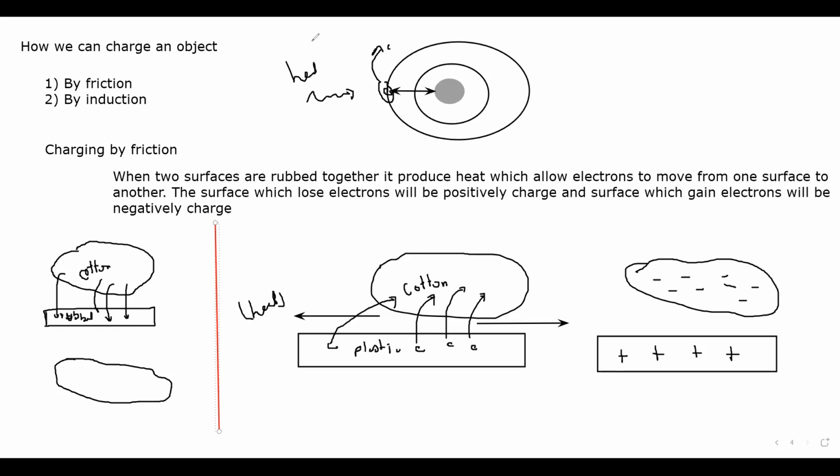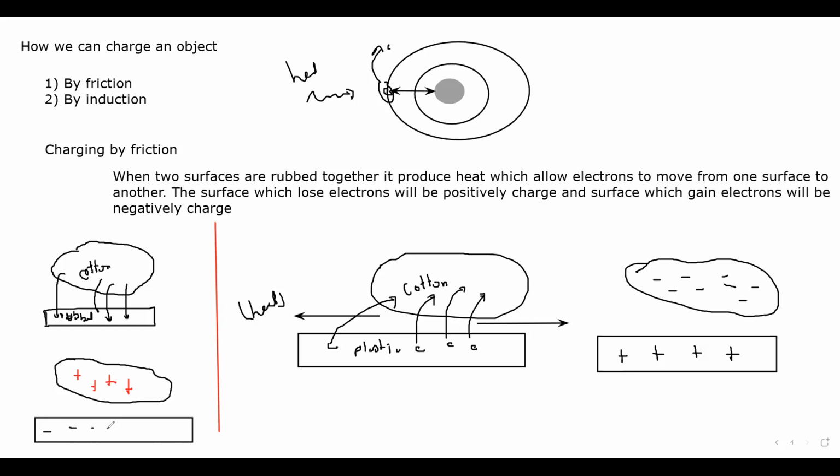It is losing electrons. When there is a loss of electrons, it will be positively charged. So in this example, the cotton will be positive and the rubber will be negative. You can see in the first example, the cotton was negative, but in the second example, cotton is positive.